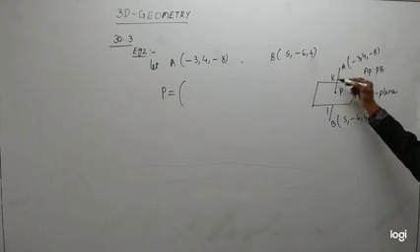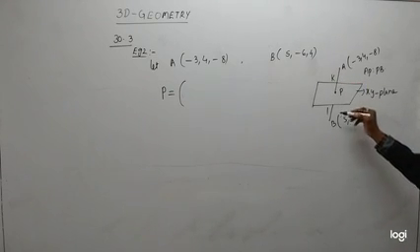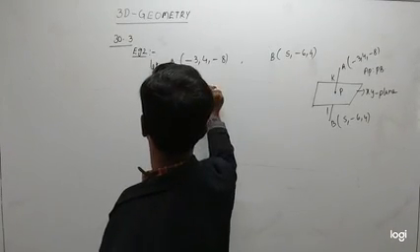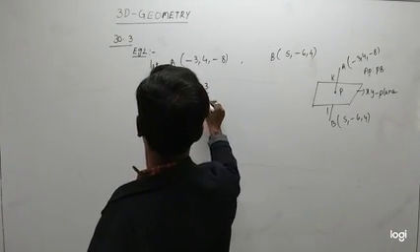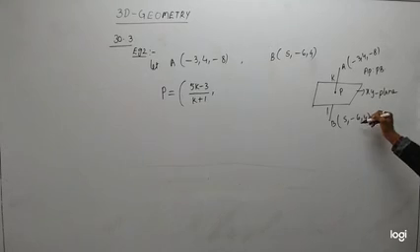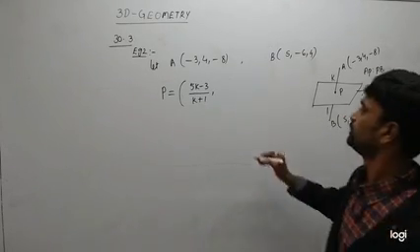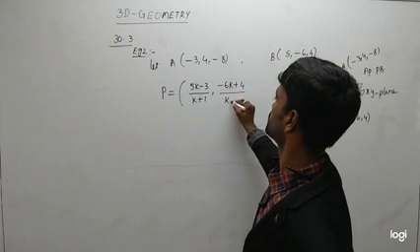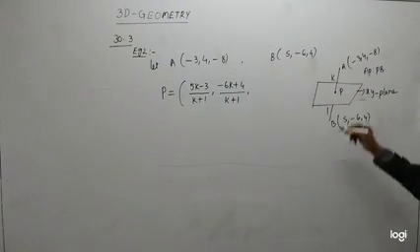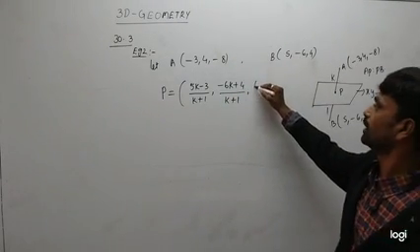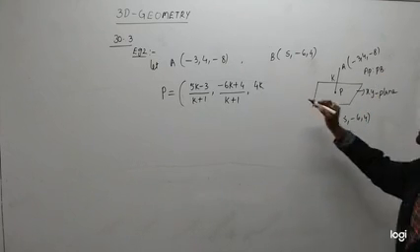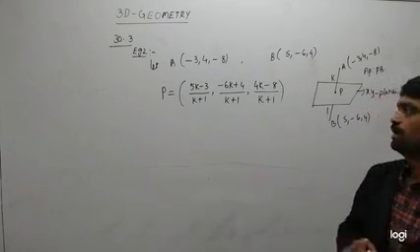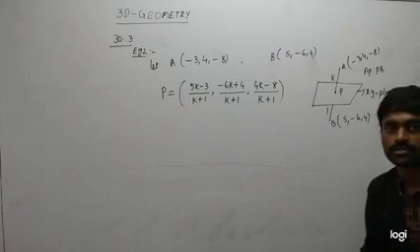Using the section formula, we get (5k minus 3) divided by (k plus 1), next (k into minus 6 plus 1 into 4), so minus 6k plus 4 divided by (k plus 1), next (k into 4 plus 1 into minus 8), 4k minus 8 divided by (k plus 1). Okay, so these are the coordinates of P.